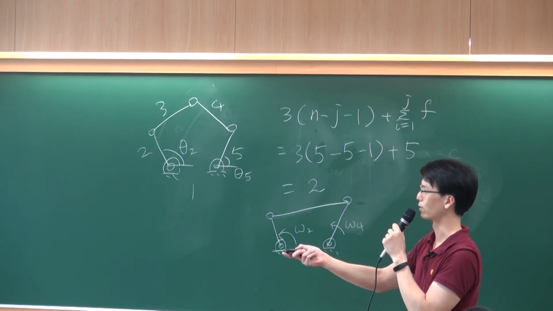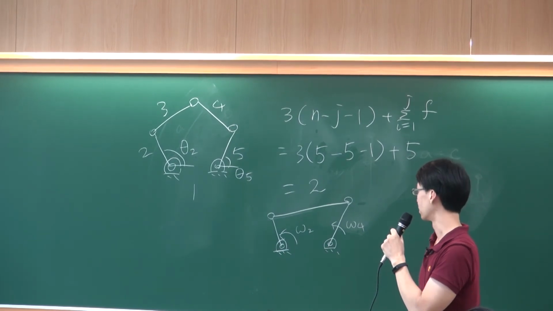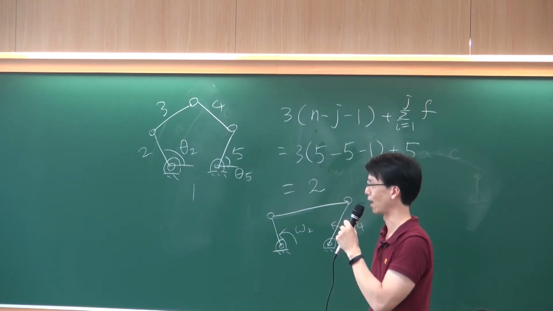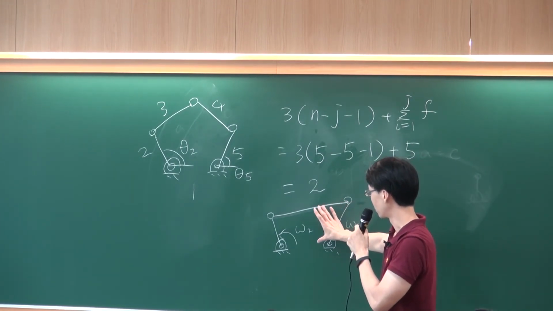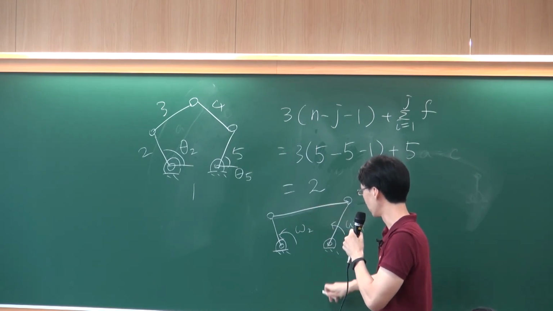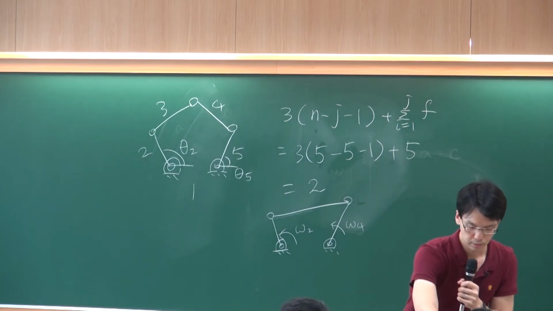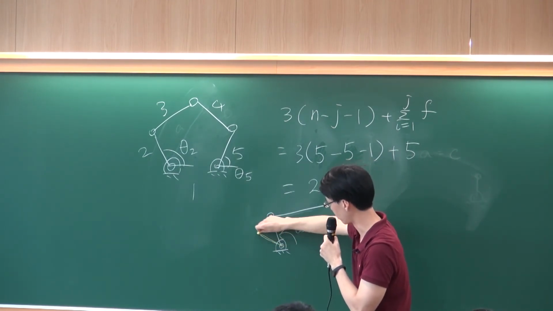But the very first thing we need to do, as we mentioned before, is perform the position analysis first. Then we can further perform the velocity analysis. For example, for this mechanism, if I put a constant omega 2 here, the mechanism will further move here.